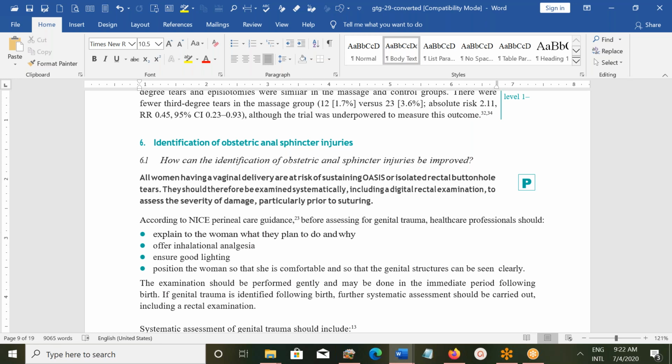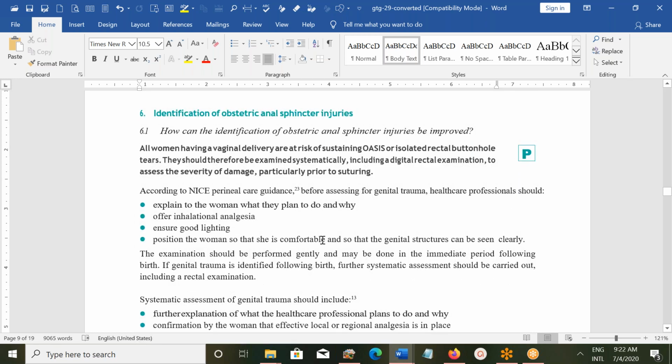So what you have to do is take oral verbal consent, explain to the woman that we suspect that some injury has taken place during birth, and you should offer inhalational analgesia. If you have already given the perineal analgesia in the form of pudendal block or something, then you don't have to do it. But otherwise, for the sake of the exam, the recommended one is inhalational analgesia.